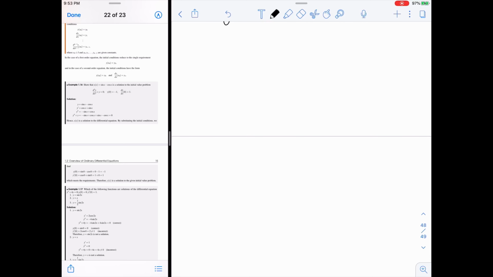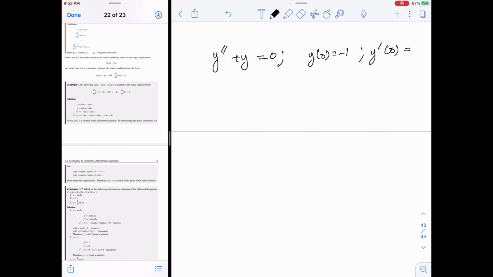For example, if you are given y double prime plus y equal to 0, and then you are given y(0) equal to -1, and you are given y prime (0) equal to 1.